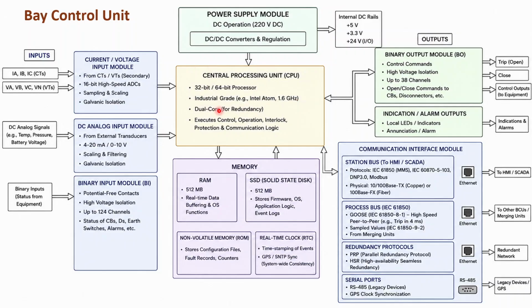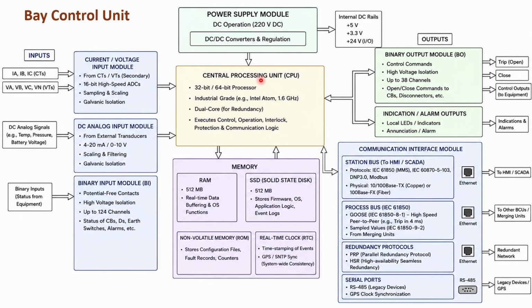These bay controller units have dual core systems for redundancy purposes, and execute control, operation, interlocking, protection and communication logics and everything. So it processes all the intelligent stuff in here.